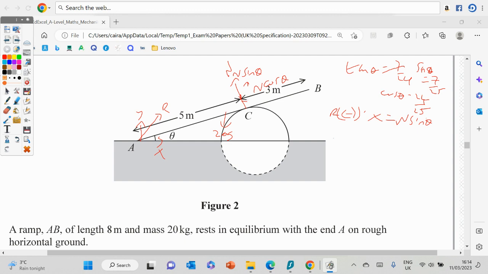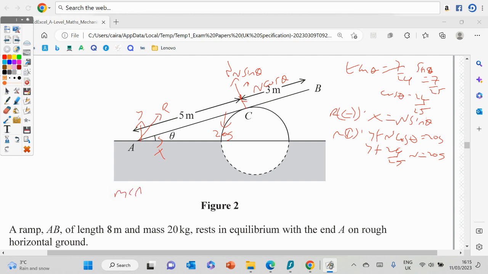And then I need to resolve the other way, up and down, before I take moments. So I've got a terrible cough here today, but I'm still pulling through for you guys. I've got Y plus N cos theta, and I've got that being equal to the weight, which is 20g. So Y plus 24/25 N equals 20g.